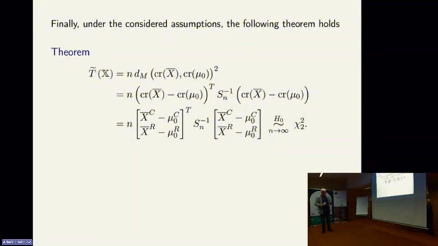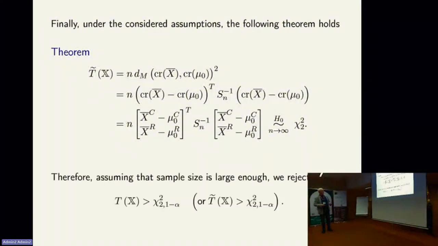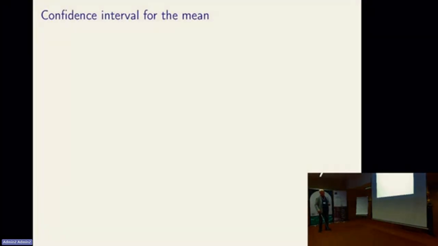So that is why it's not so surprising. In general, wherever I do not know the true covariance matrix, I reject the hypothesis if the value of my statistic is bigger than the respective quantile from the chi-square distribution with 2 degrees of freedom. So we have a test.